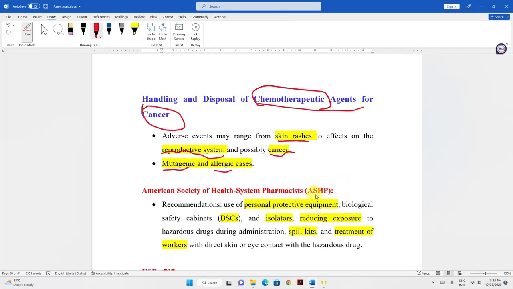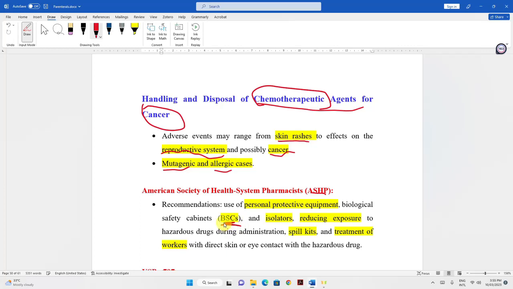According to ASHP, the American Society of Health System Pharmacists, it is recommended that personal protective equipment and biological safety cabinets are used.